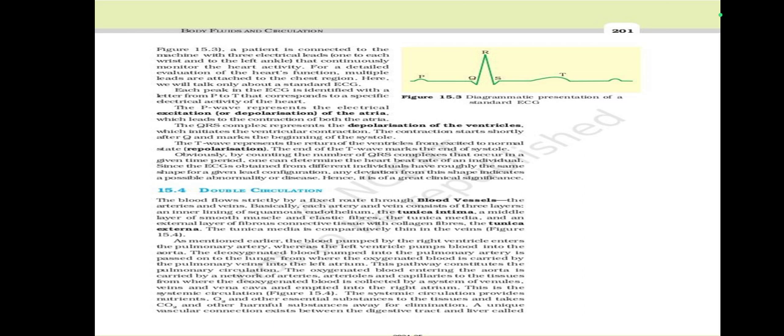Double circulation: the blood flows strictly through a fixed route, the arteries and veins.